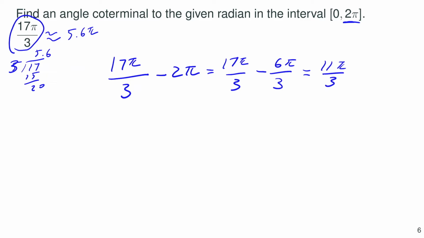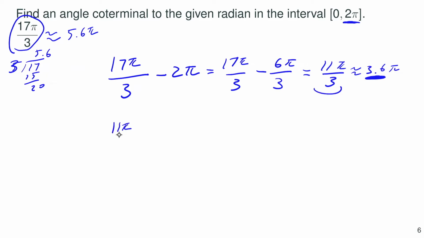Now 11 pi over 3 is also bigger than 2 pi, because this is about 3 point, let's see, 3 goes into 11 three times, which is 9. The remainder is 2. So again, still about 3.6 pi. So again, this tells us that this is still out of this range right here. So from this angle, we subtract again.